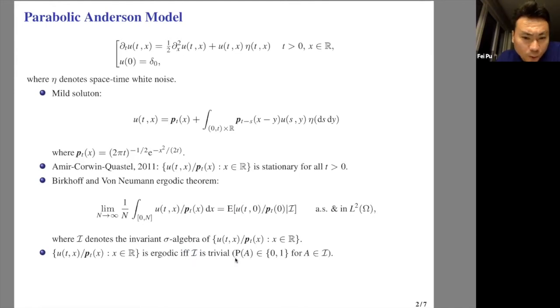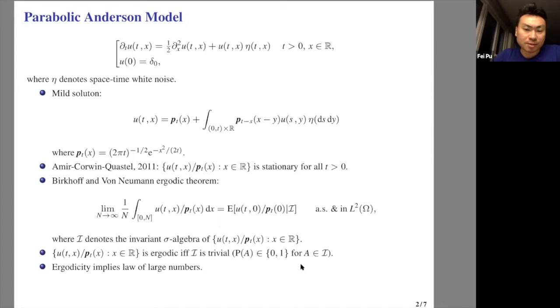One remark is that ergodicity implies the law of large numbers. This is because if this process is ergodic, that is to say, if I is trivial, then in this ergodic theorem, the conditional expectation becomes the expectation. That gives us that the spatial average converges to the expectation, and this is the law of large numbers.